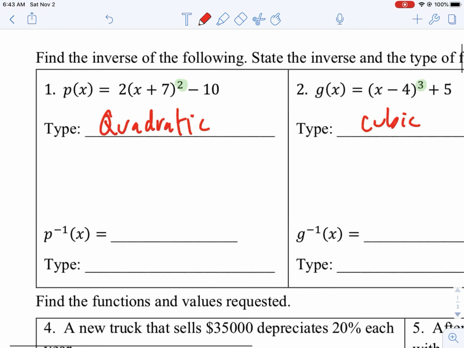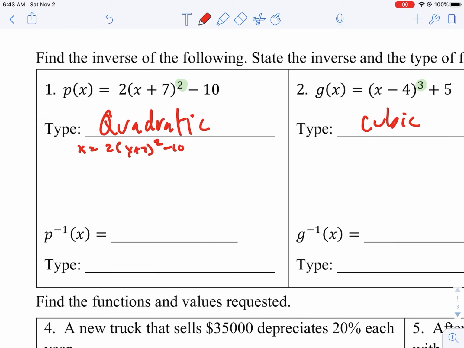Find the inverse. So we have x equals 2 times (y plus 7) squared minus 10. Add 10: x plus 10 equals 2 times (y plus 7) squared. Divide by 2: (x plus 10) over 2 equals (y plus 7) squared.